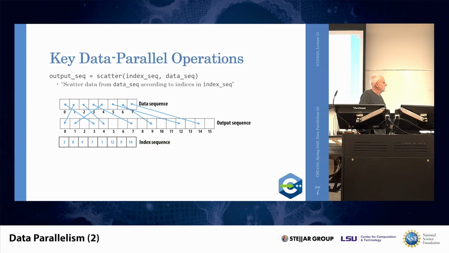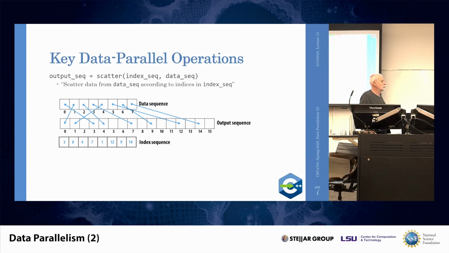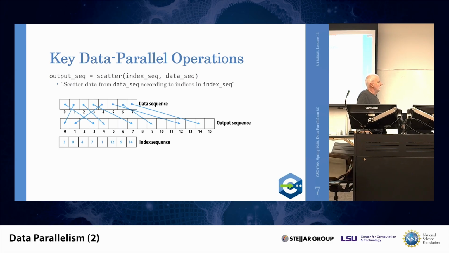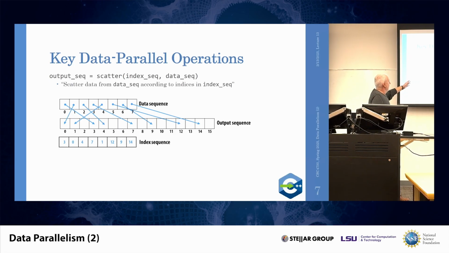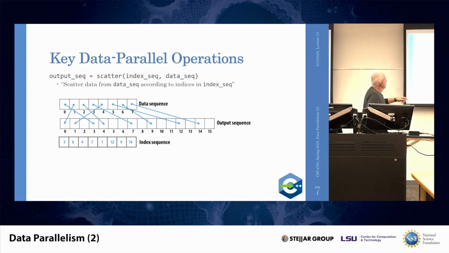The opposite is scatter, where you have a data sequence, which could be shorter, doesn't have to be shorter than the output sequence, and a set of indices. And here the indices specify where a certain element from the input should go in the output.